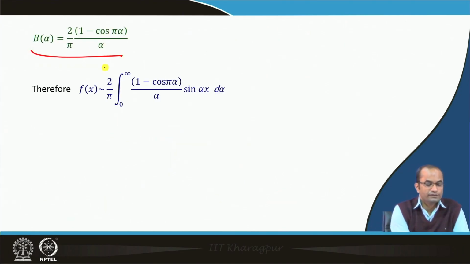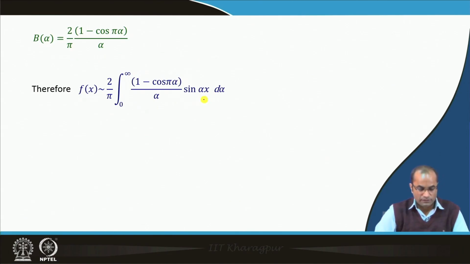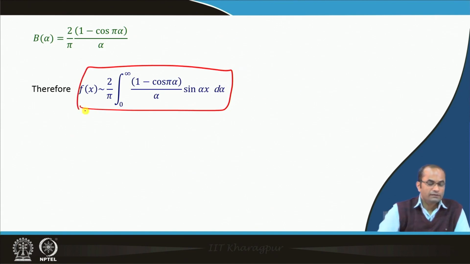This is the Fourier coefficient, and therefore we can write down the Fourier sine representation with this coefficient, (1 minus cos pi alpha) over alpha, and sin alpha x d alpha. So, this is the Fourier sine integral representation of the given function.